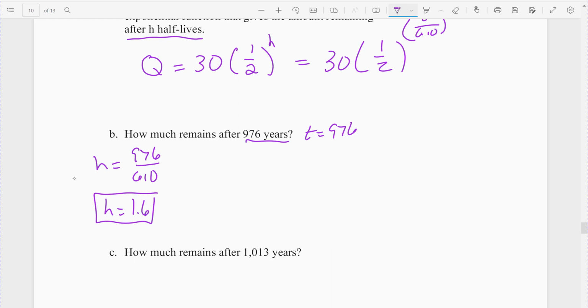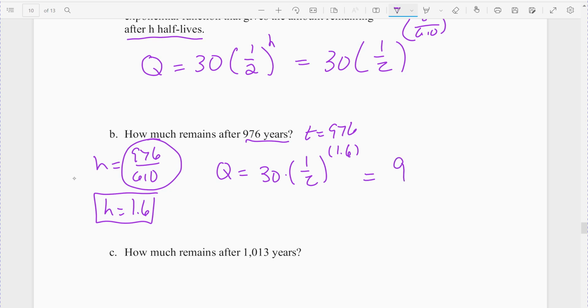Again, never round. It came out exactly 1.6, so I can use 1.6. If this didn't come out nicely, which actually was my next example, you would have to leave it as the exact same fraction. All right, so our future amount is 30 times 1/2 raised to the 1.6. Or again, like I said, you could have used this fraction. Gives you the same answer either way.